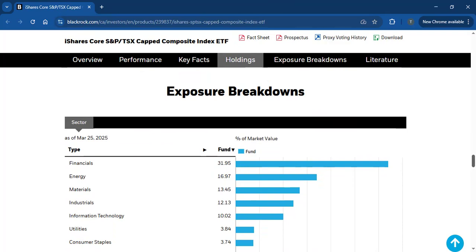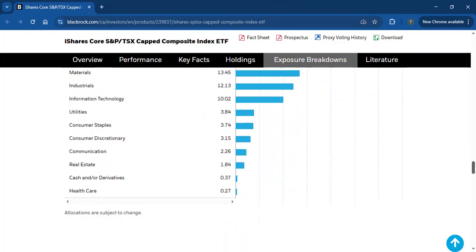In most ETFs in Canada, financial companies hold the highest percentage compared to the rest. For example, in this one, this is financial, so in that fund there are more financial companies than energy companies. That's what we mean by exposure breakdown.